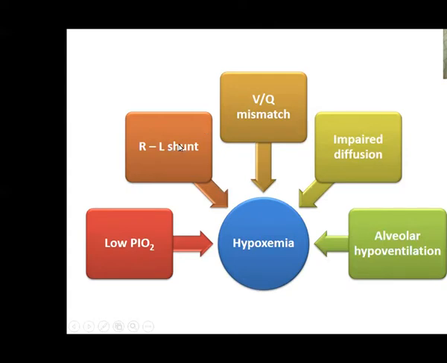That is no oxygenation, and there will be total shunting from the venous to the arterial side without getting any oxygen. When there are intracardiac defects, that is also a right to left shunt. For instance, if you have an ASD, VSD, that is also a shunt. But in the lung, this is basically an advanced form of VQ mismatch.